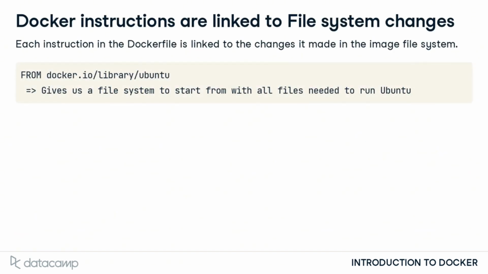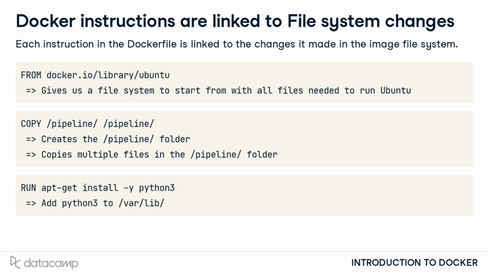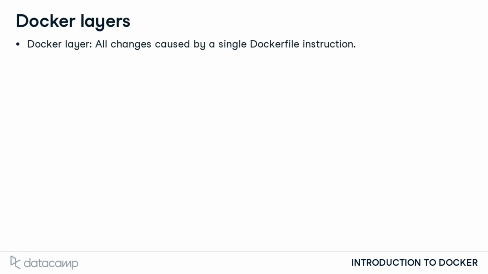During the build, an image keeps track of which instructions in our Dockerfile created which change to the file system. We can view an image as a list of consecutive changes to the file system, with every entry in the list corresponding to a specific Docker instruction in the Dockerfile. Together, all the changes to the file system for a single instruction in the Dockerfile are called a layer of the image.